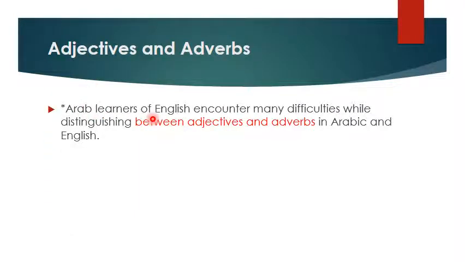Arab learners of English usually face problems related to differentiating or distinguishing between adjectives and adverbs. And I guess you yourself find it sometimes problematic or hard to distinguish whether this word is an adjective or an adverb.